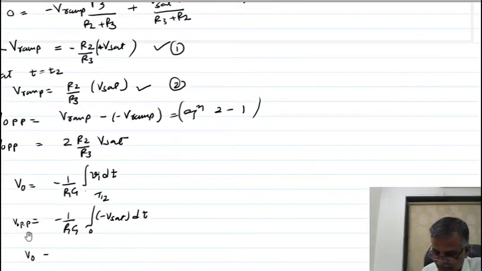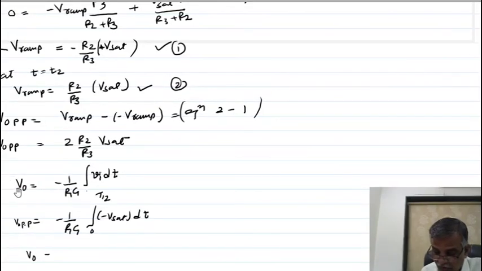So I am writing this equation, output voltage for peak to peak. This is your peak to peak I should write. So I am writing here VO peak to peak. This is nothing but the VO peak to peak for which voltage? Triangle waveform. Like this.